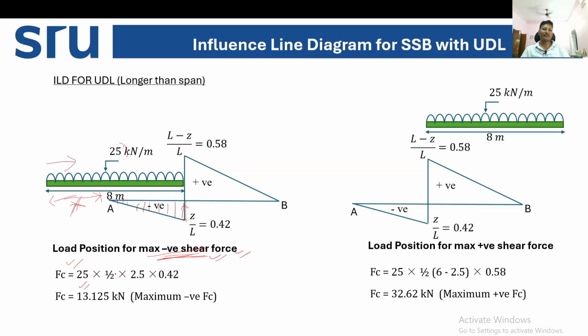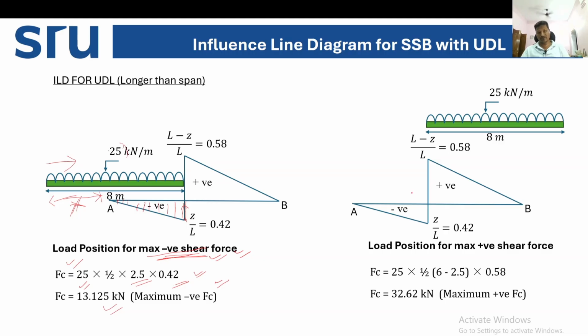So 25 into 1 by 2, that is half, into base 2.5, into height 0.42. If you calculate this, you will get 13.125, the maximum negative shear force, right?